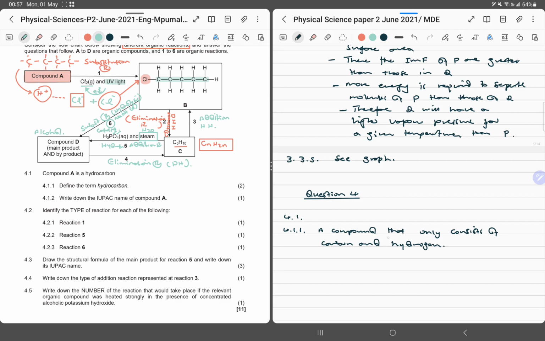So a compound that only consists of carbon and hydrogen, that's a hydrocarbon. Easy definition. Again, you don't be choking on these things, guys.